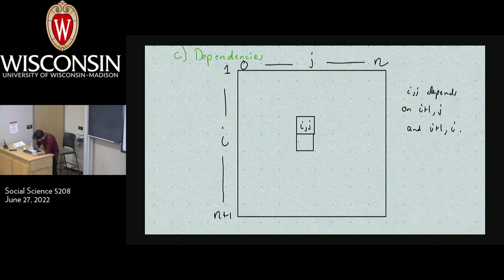Okay, so this is i plus 1, j. Now, where's i plus 1, i? Well, i could be anywhere, really. Doesn't matter, so I'll just draw it over here. Okay, so those are our two subproblems we depend on. And now you're just going to draw arrows.